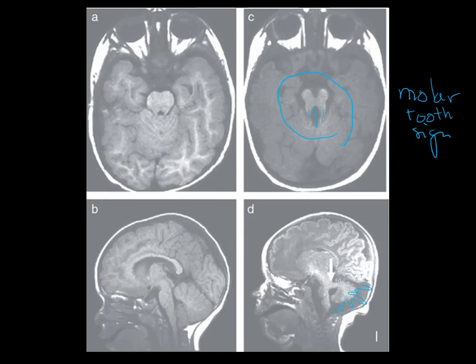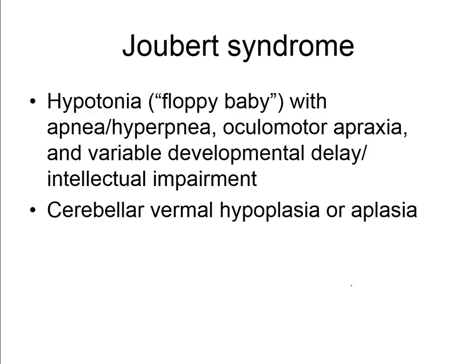And in addition, the individual folia don't look particularly normal either. So this is an example of Joubert syndrome. It's one of the more common cerebellar malformations after the Chiari's. They have cerebellar vermal hypoplasia, which is what you saw there. Sometimes they have aplasia.